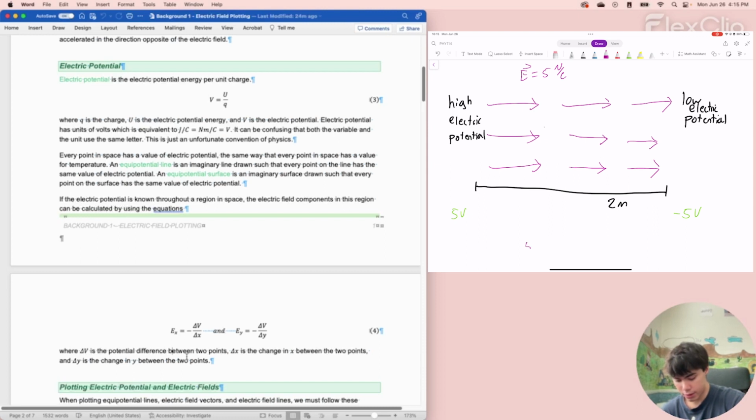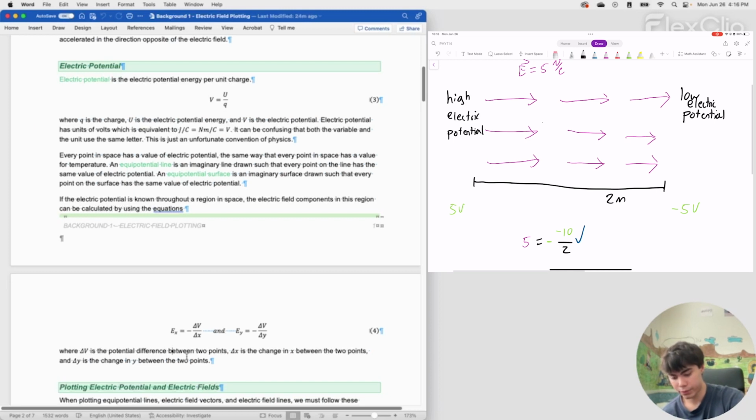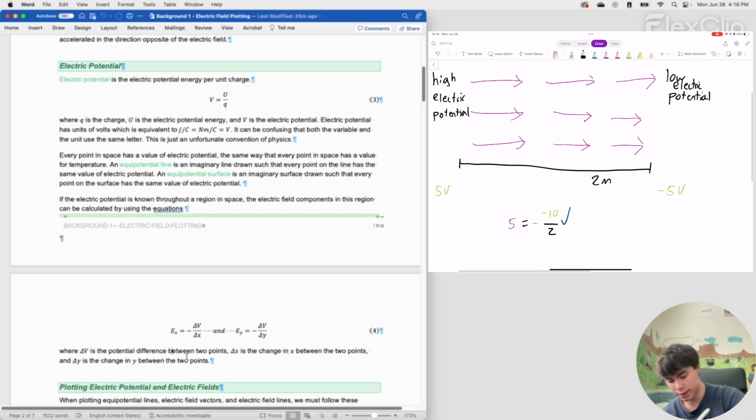So we have electric field of 5 is equal to change in electric potential, negative 10, and then we have a negative in front, and our distance was 2. So that is correct. We did that right. That's how that equation works. The negative sign is just the direction of the electric field. We took our distance from left to right.